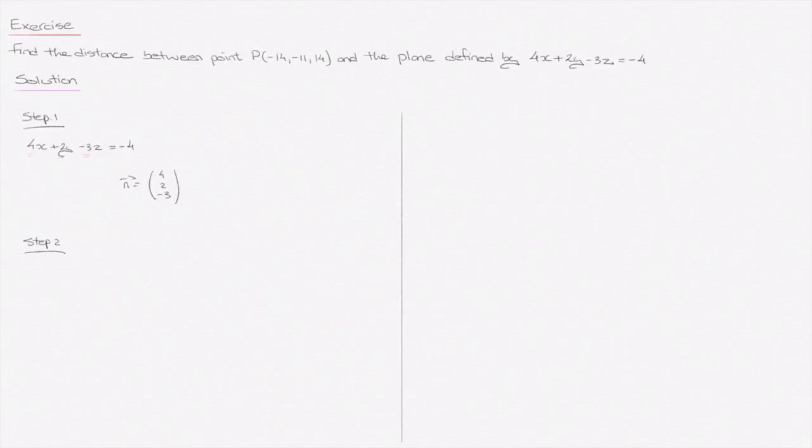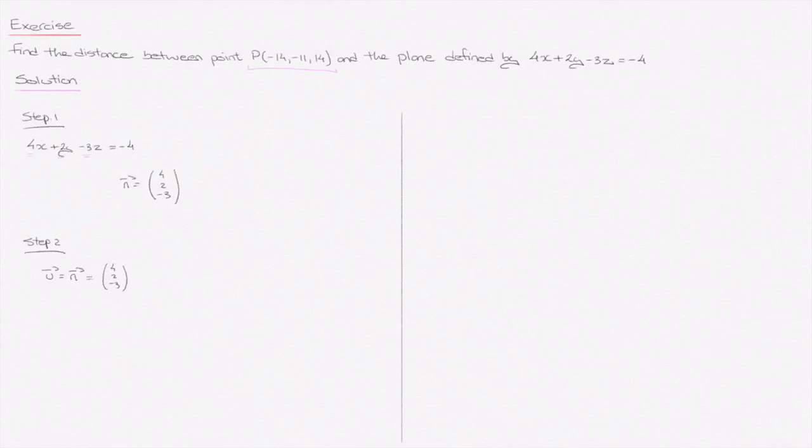Step 2: we need to find the equation of the line passing through the point P, which we were given in the question, and which is parallel to the normal to the plane, which we just found in step 1. We define a direction vector for our line, u, and make it equal to n. That way we're certain that it is parallel to n.